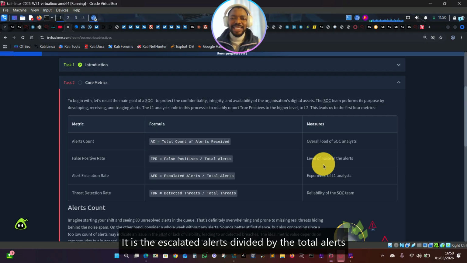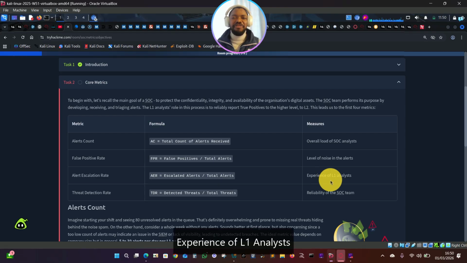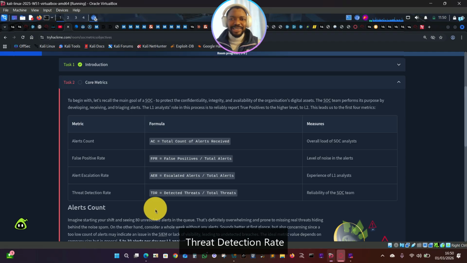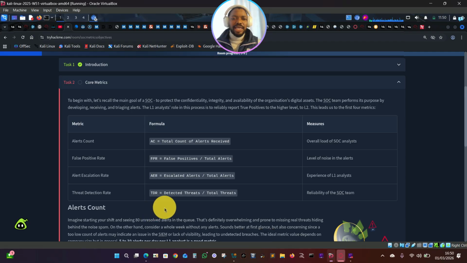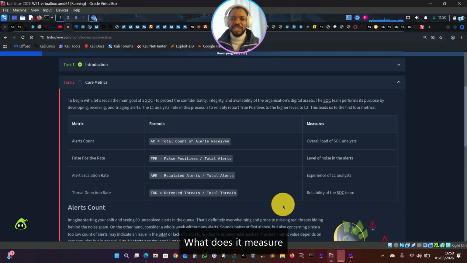It is the escalated alerts divided by the total alerts. What does it measure? The experience of the L1 analyst. The last but not least, threat detection rate. It is the detected threats divided by the total threats. What does it measure? The reliability of the SOC team.